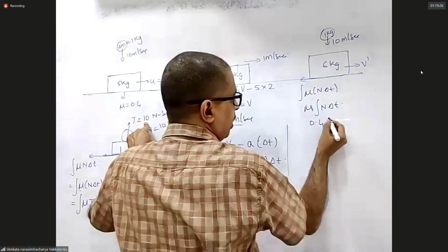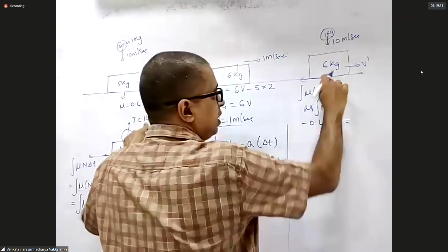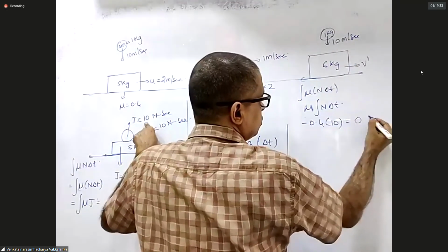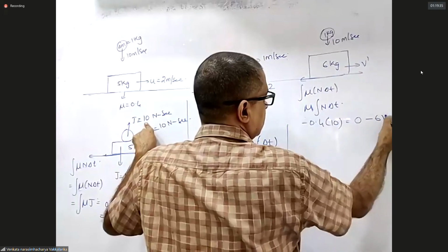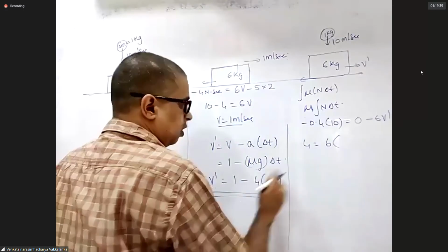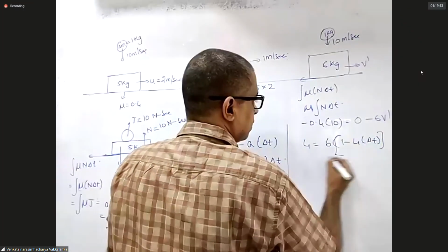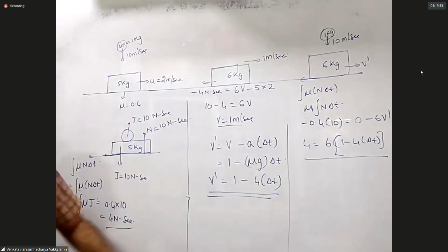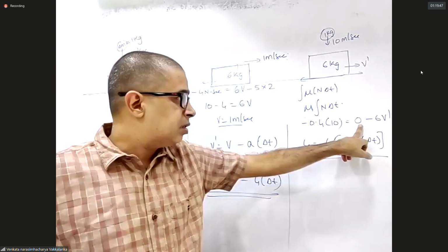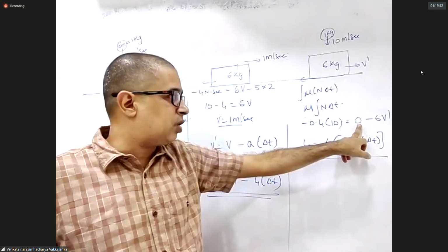So 0.4 into 10 with a negative sign will be equal to the final momentum, which is 0, minus the initial momentum, 6 V dash. So 4 is equal to 6 V dash, where V dash is 1 minus 4 into delta T. It comes to rest. It is initially moving with 6 V dash, and finally it comes to rest.